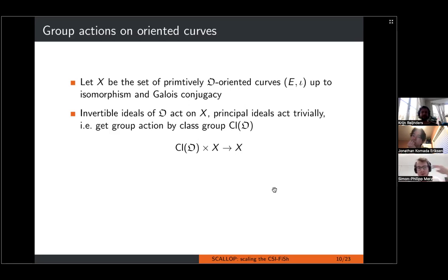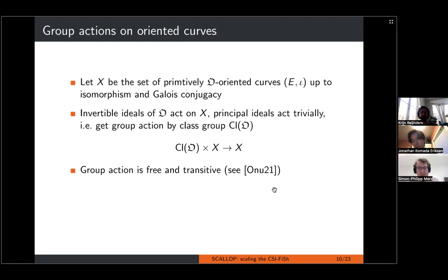So if you think of all invertible ideals of O divided out by the principal ideals, then this is the class group, which gives us a class group action on the set of O-oriented curves. This was first stated in the OSIDH paper by Colò and Kohel, but later it was also proven by Onuki in 2021 that this is indeed a group action that is free and transitive. So this is a group action that we may want to work with.